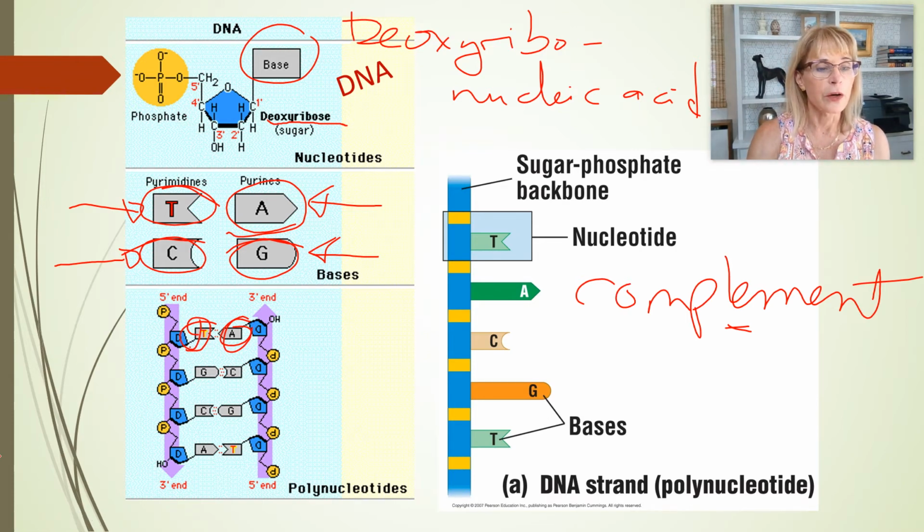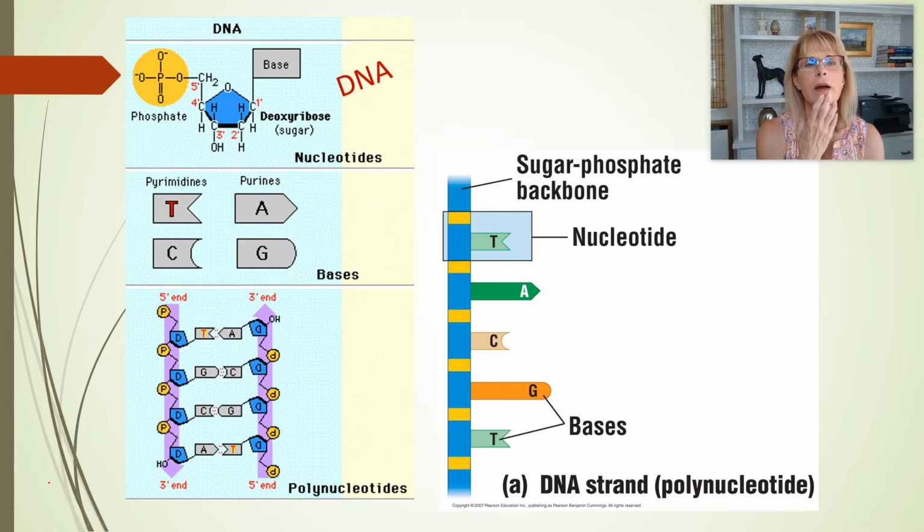So for here, the things that you need to know: make sure you know that the 3 things that are in a nucleotide are phosphate, sugar, and base, that the sugar in DNA nucleotides is deoxyribose, and that DNA nucleotides come in 4 types, depending on which of the 4 nitrogenous bases they have attached to them.